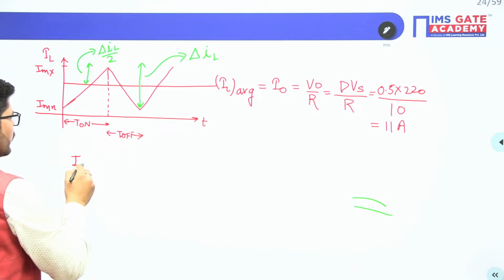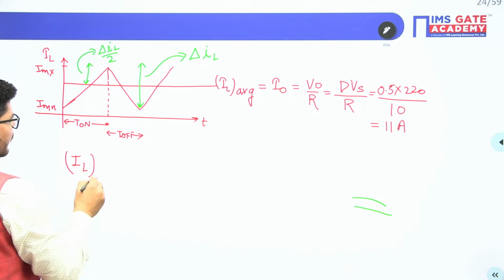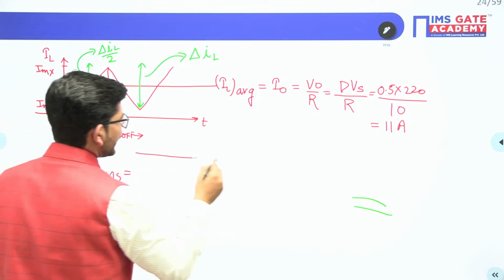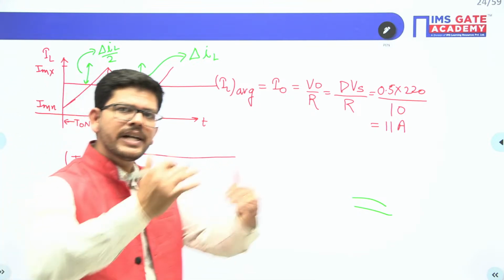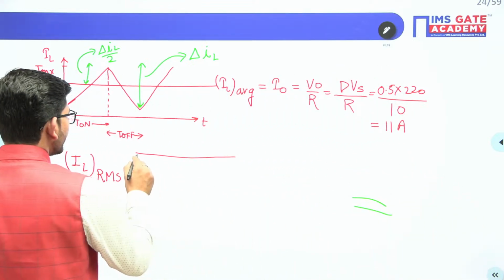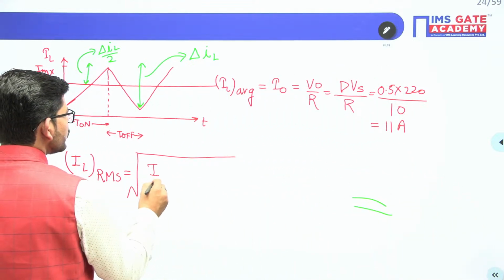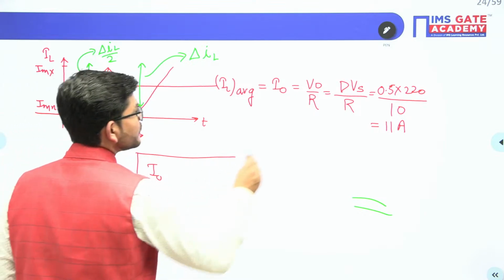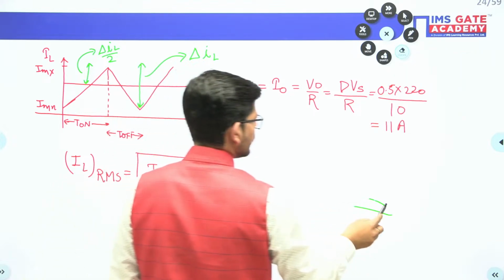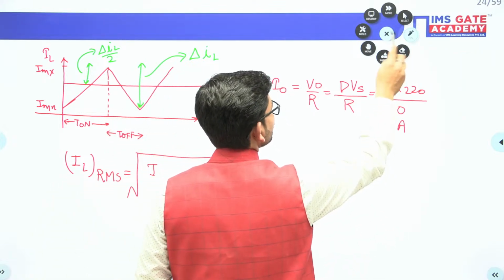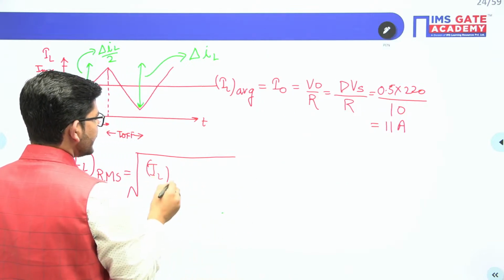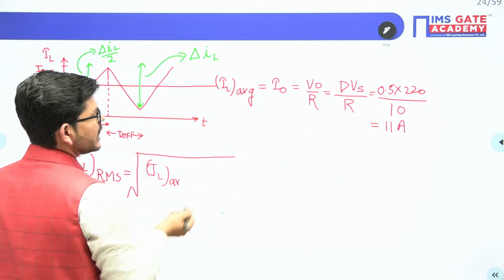Now if we are to calculate the RMS value of this inductor current, this is a triangular wave, a shifted triangular wave, okay. So what will happen in this case? The RMS value will be equal to the IL average, or what is IL average here?